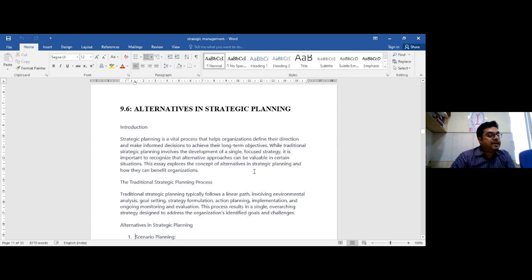Now the next topic that we have is, what are the alternatives in strategic planning, and how does it help an organization to define its direction and make informed decisions?